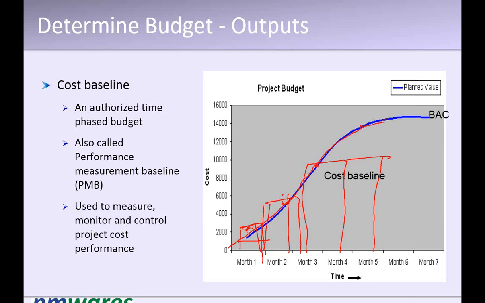By the end of the third month, this much. Fourth month, fifth month, sixth month, this much. So at any point of time, you can check how much you have spent. If you have spent less or more than that, it will show the deviation from what you have already worked out, your baseline.